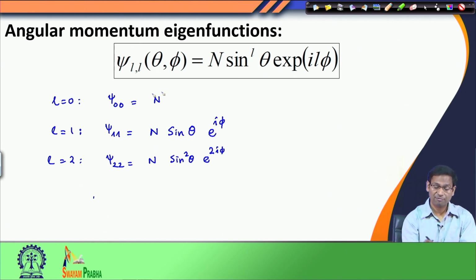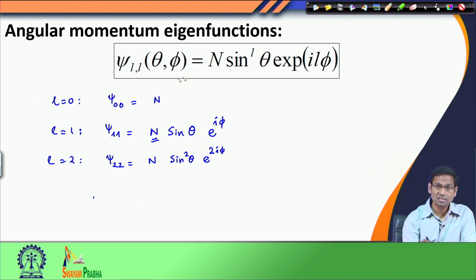So, for different values of L, we have obtained now the wave function, but one thing that is not known yet is the normalization constant N. In the next lecture, we will start from this point, and then we would see how we can normalize these state eigenfunctions and what the normalization constants are. And another important thing is that we are still getting only ψ_LL.